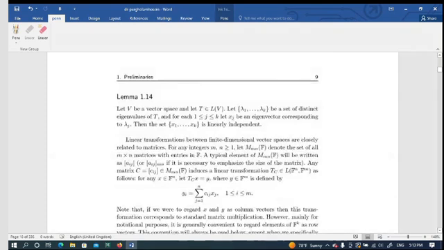After this definition, we have this lemma.